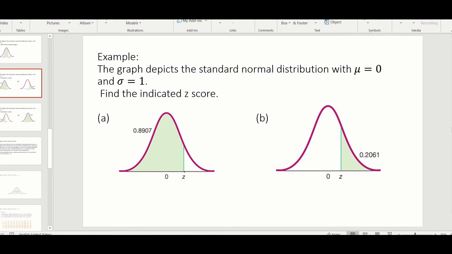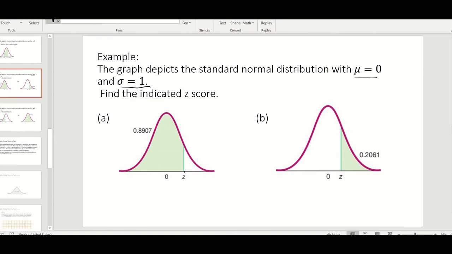The graph here is a standard normal distribution with mu equal to 0 and sigma equal to 1. We know this green part is 0.8907. So we're given the area, or the probability, and we want to know this z-score.